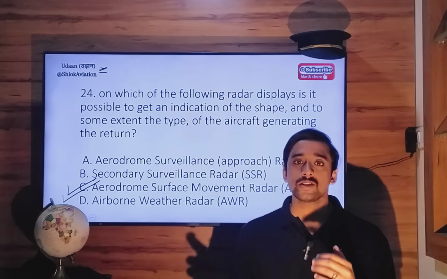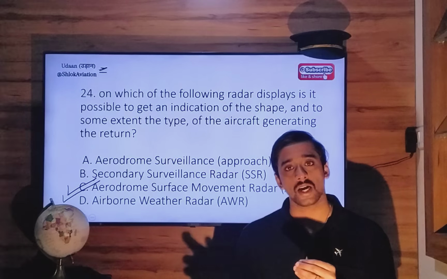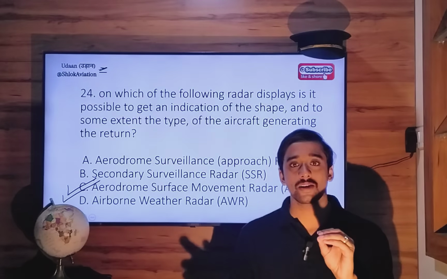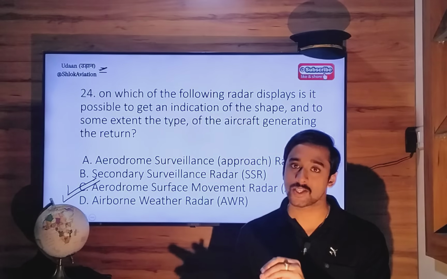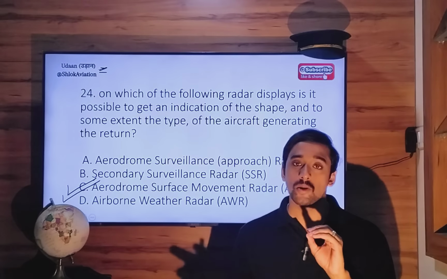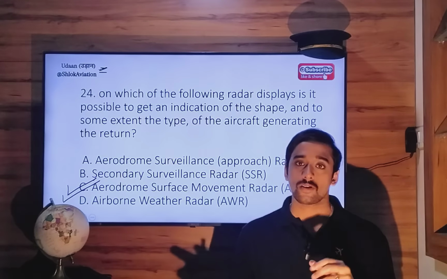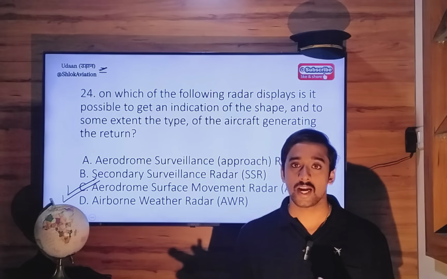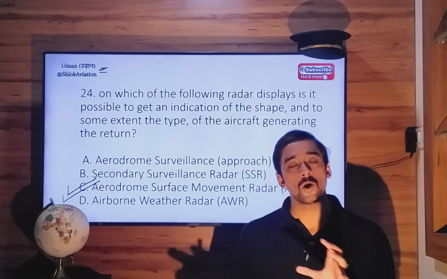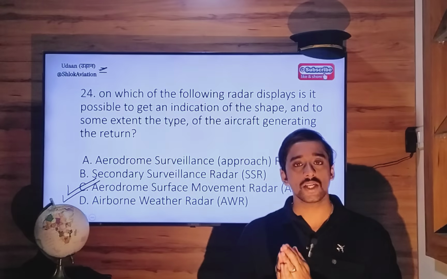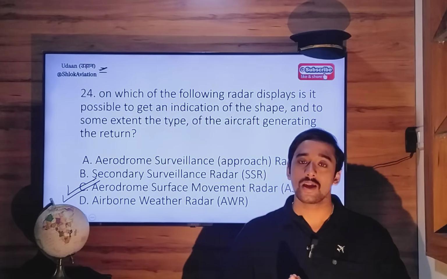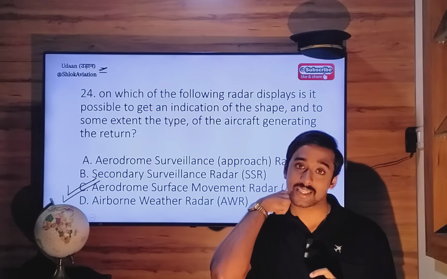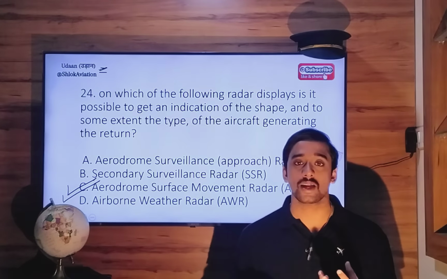In low visibility conditions, the ATC radar controller can use this radar screen to locate different aircraft at different positions. This is particularly useful at very large international airports which handle lots of traffic. In poor visibility conditions, the controller will not be able to have a 360-degree view, or even if he has one, the visibility is restricted.